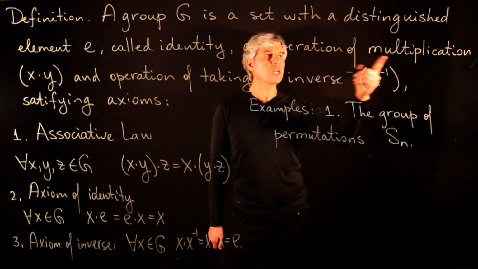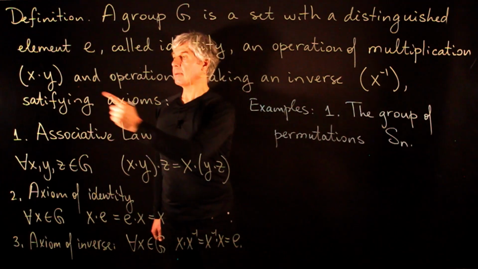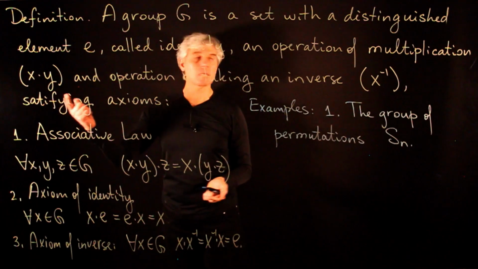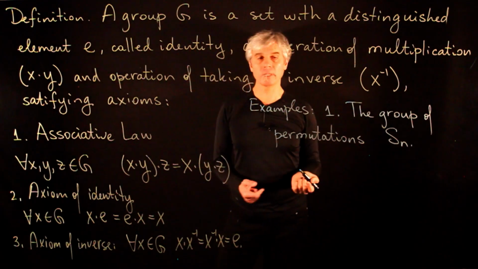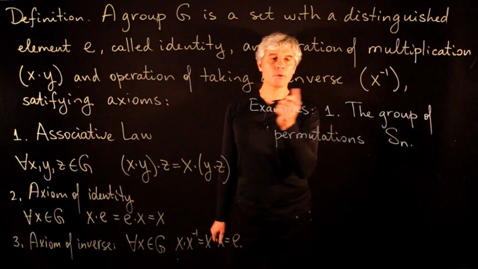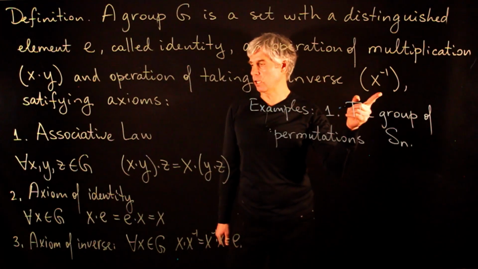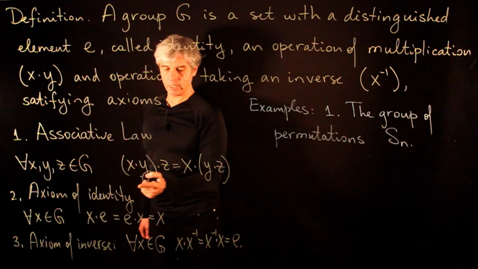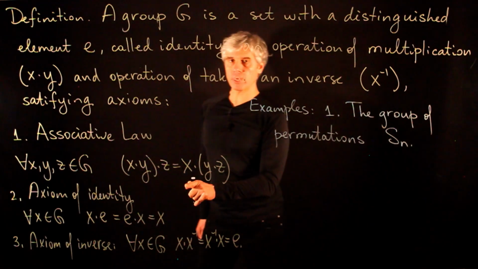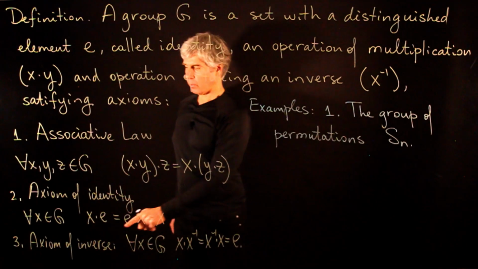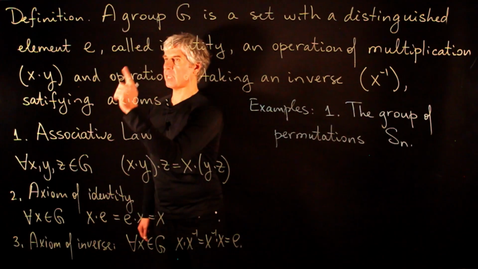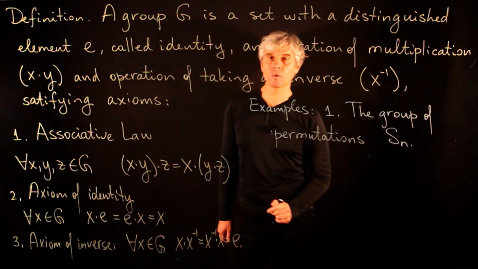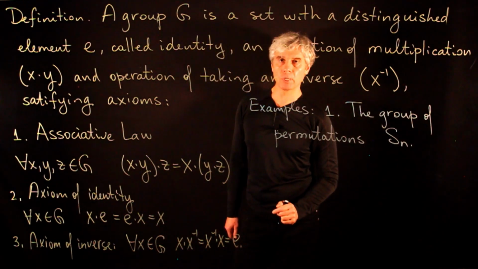Then we have operation of composition of permutations, and in the context of group theory, this operation is called also multiplication. And we have the operation of taking the inverse permutation. And all 3 axioms of the group will hold. So we have the associative law for the composition, then we have the axiom of identity for the identity permutation, and the axiom of the inverse will also hold for the inverse permutations.